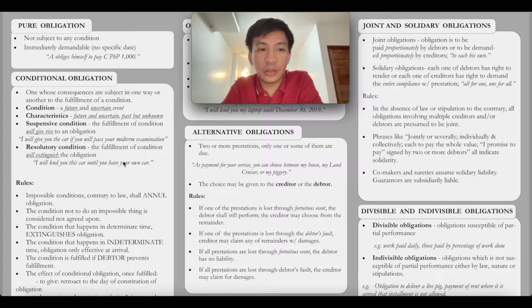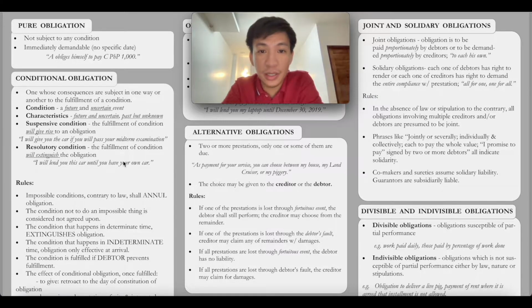So dun sa suspensive, magkakaroon ng obligation kapag nangyari yung condition, whereas in resolutory condition na stop yung obligation ni debtor once na nag-arise yung condition.